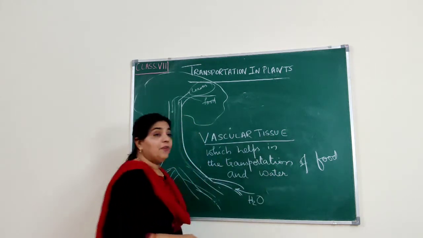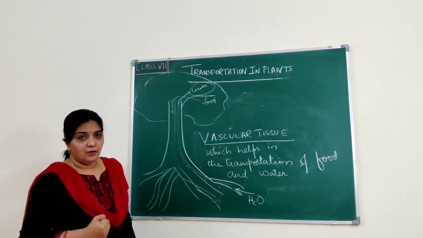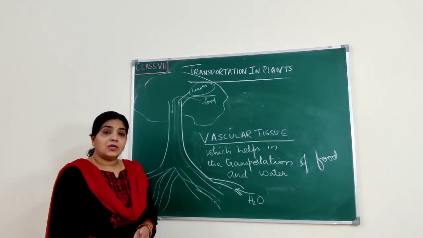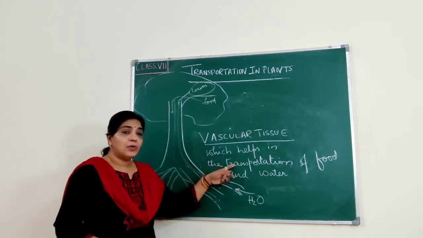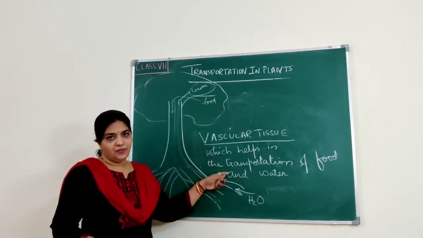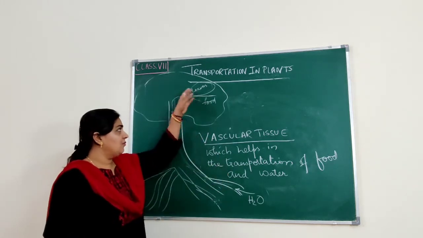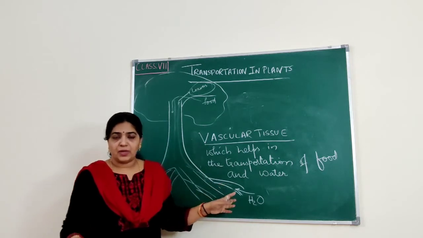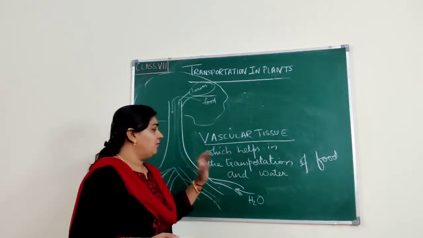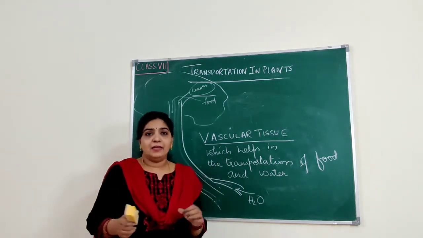They have a special type of tissue called vascular tissue which will help in transportation of food and water. The food also should be transported, and water should also be transported. For transporting the food and water, they need a tissue.